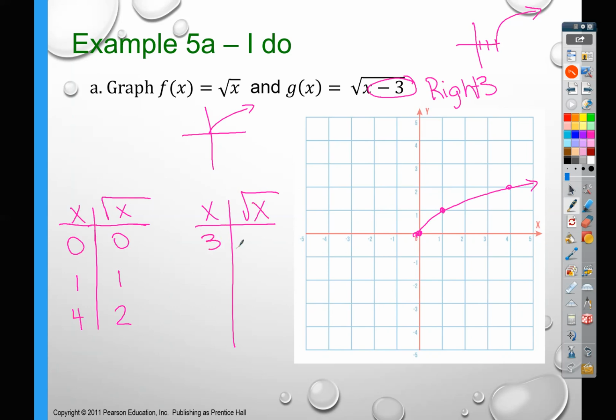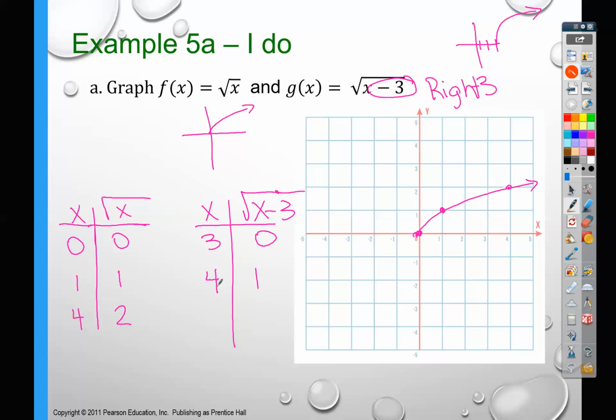So I'm going to start at 3, but that's the square root. Let's see, we would have x minus 3, so 3 minus 3 is 0. If we did 4, 4 minus 3 is 1, the square root of that is 1.